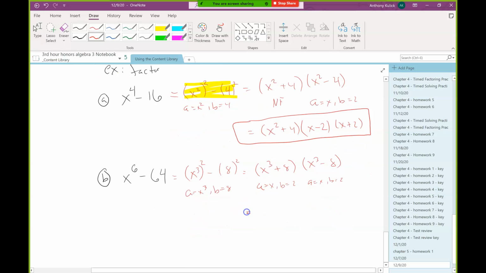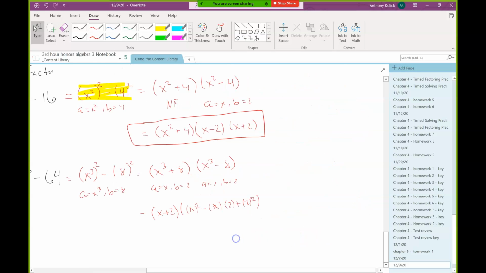So when I use the sum of two cubes factoring pattern, I have x plus 2 times x squared minus x times 2 plus 2 squared. So that's coming from this one.